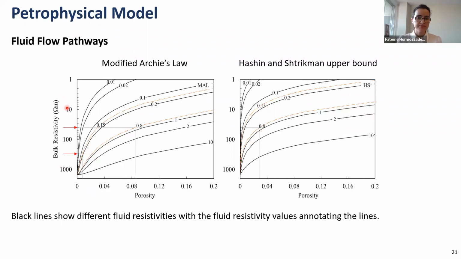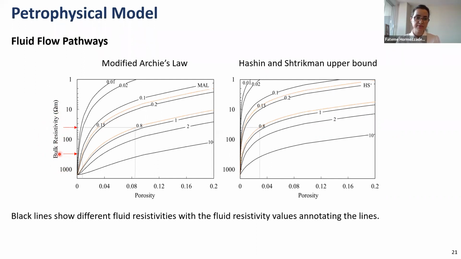So now we want to define the expected amount of fluid within the Mount Meager rocks. We calculated a porosity based on the modified Archie's law and the Hashin-Shtrikman upper bounds for the potential fluid pathways, which had the electrical resistivity between 40 and 300 ohm meter in the AMT model.